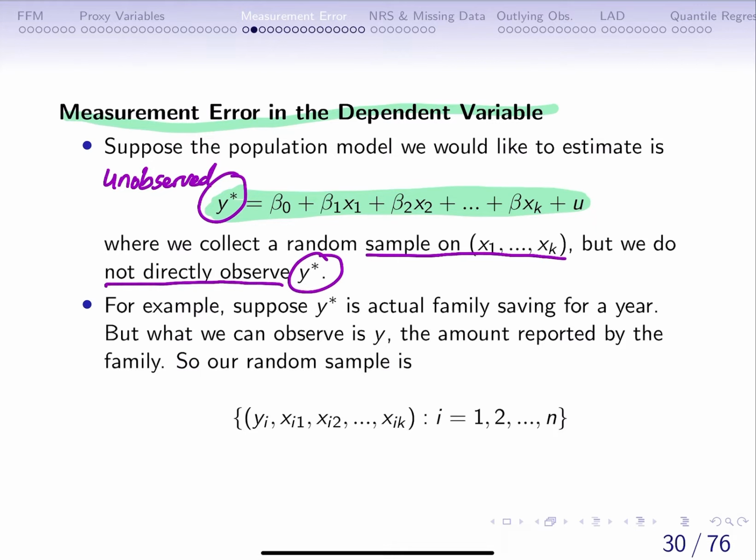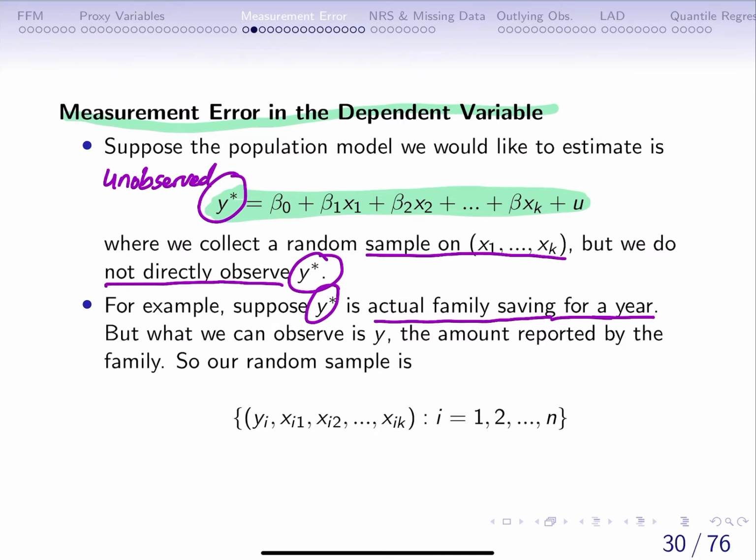An example could just be that y star is actual family savings for a year, and the best we can do is just gather this information through the amount that is reported by each family in some survey.